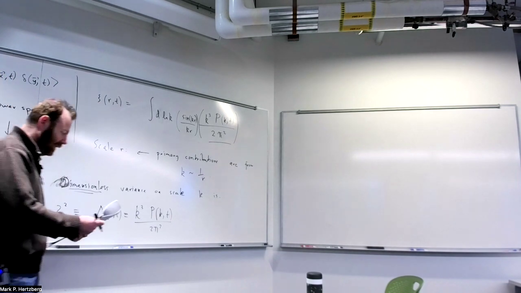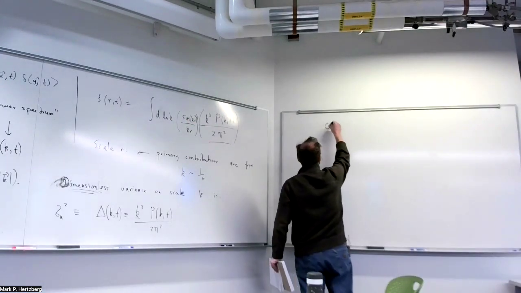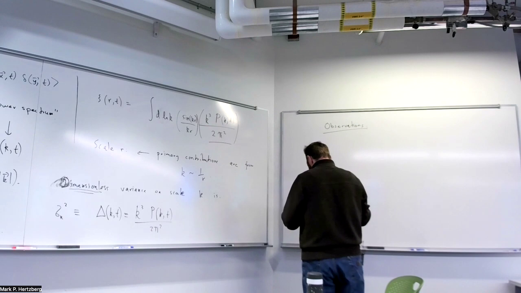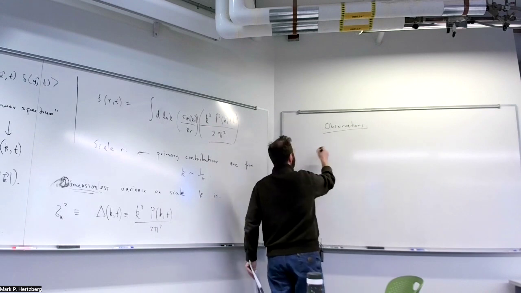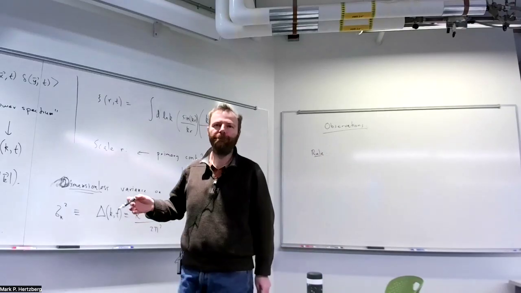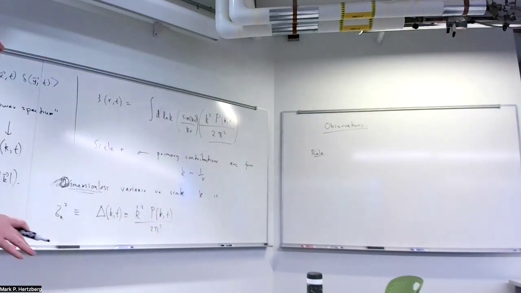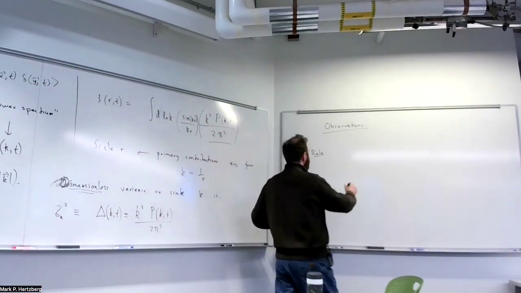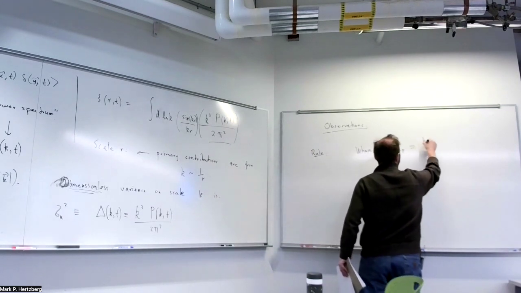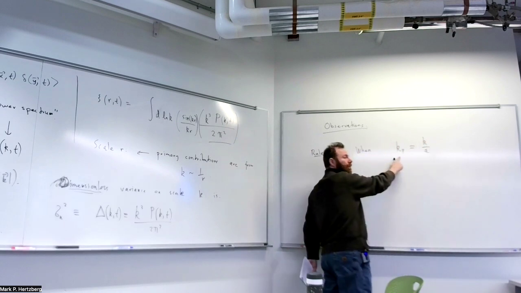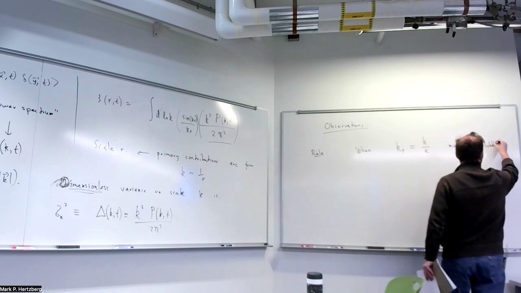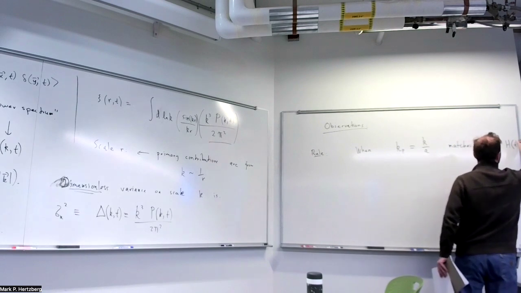Okay. So let me tell you, the observations have a very simple character to them. There's a simple way of stating a rule that every k mode is obeying. And this rule is surprisingly simple. It is that when a mode k, let's say the physical k, k over a, the physical wave number, matches Hubble, H, which is itself a function of time.